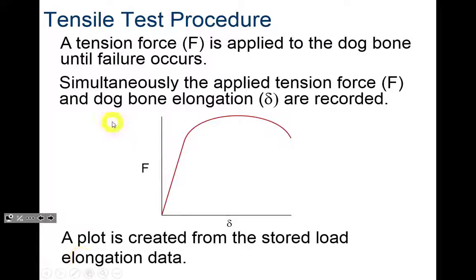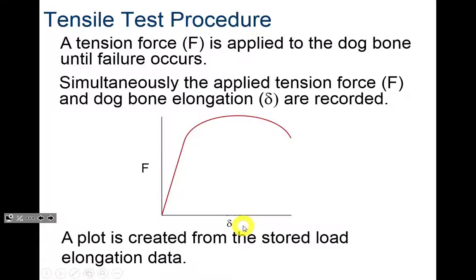Let's see. Go ahead and jot down this graph real quick. Your graph for your dog bone, and most dog bone graphs, look really similar. We have force on the y-axis. This is a lowercase delta, and it looks like an unfinished 8 when you're writing it down. That's the best way to write it.